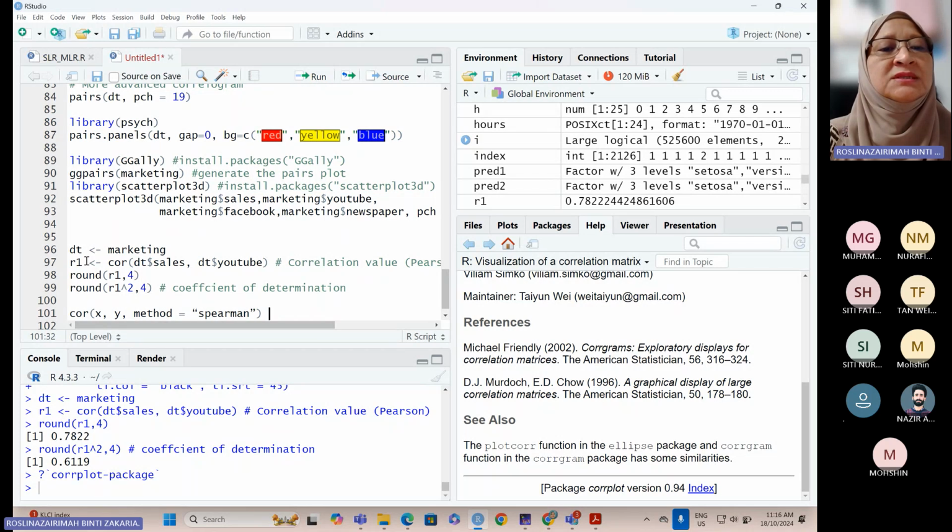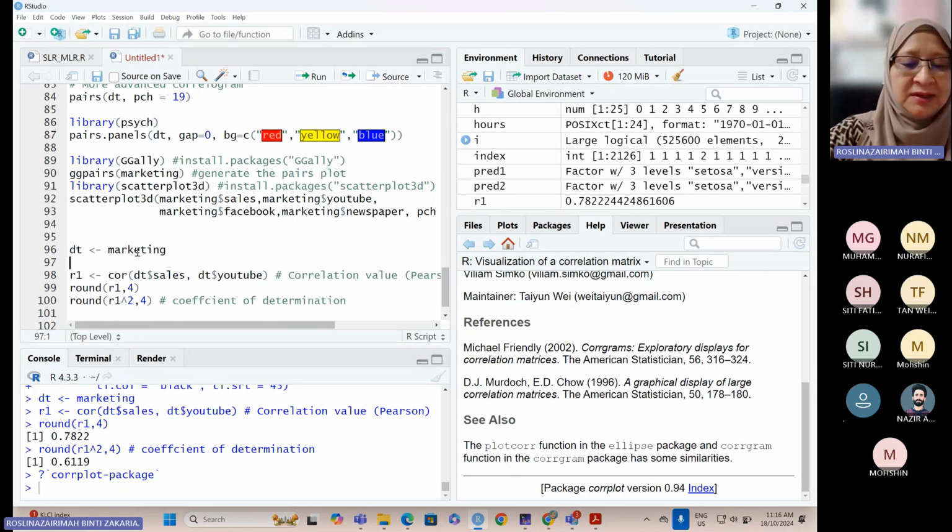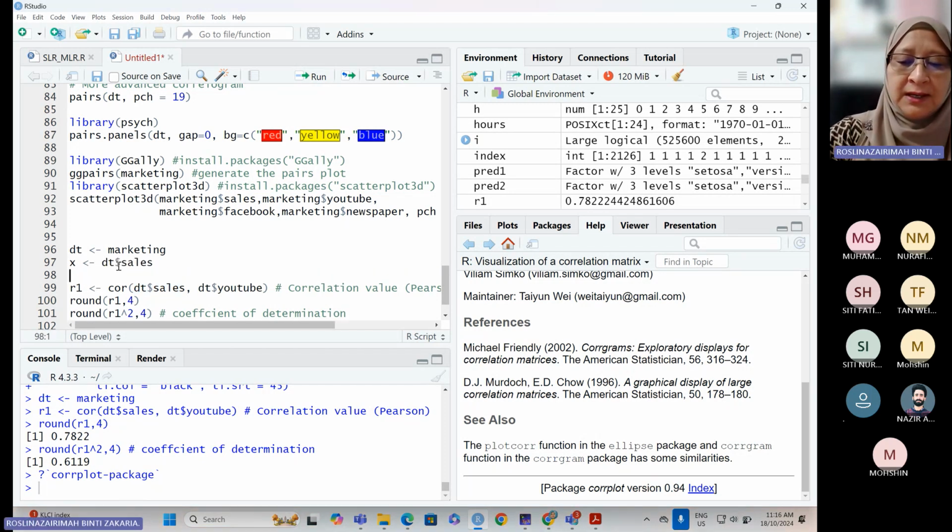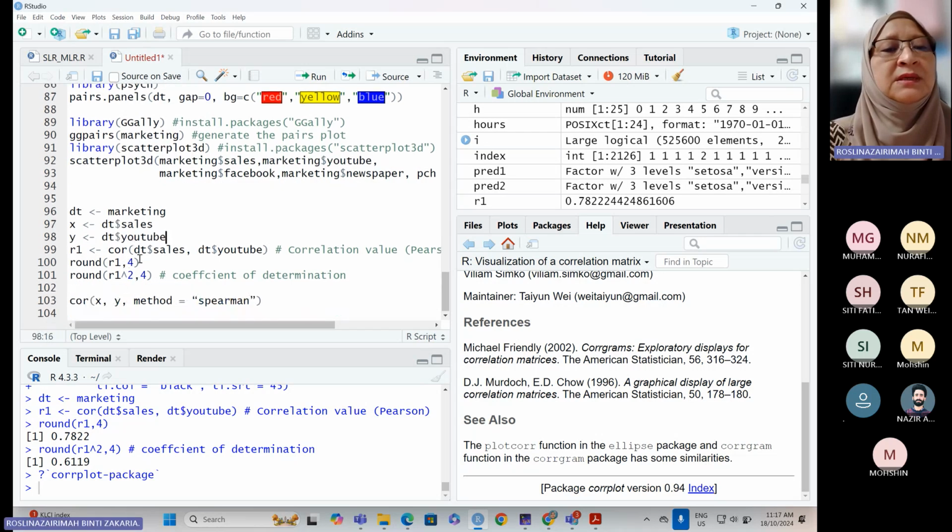Actually, if you want your code to be smarter, you can write this as X. We use the assignment value, DT sales. And our Y, I just rename it, DT YouTube. I want it to be X and Y, so it is more flexible for me.